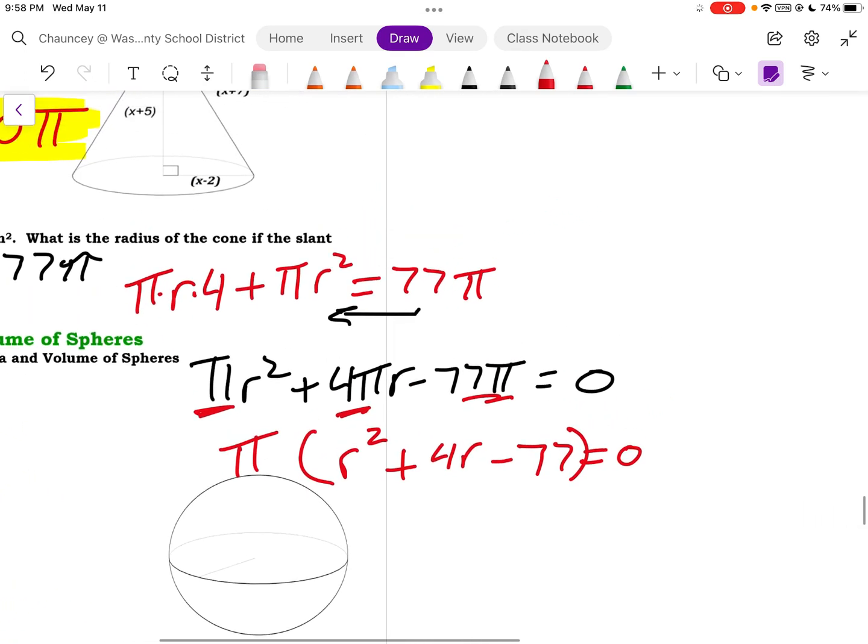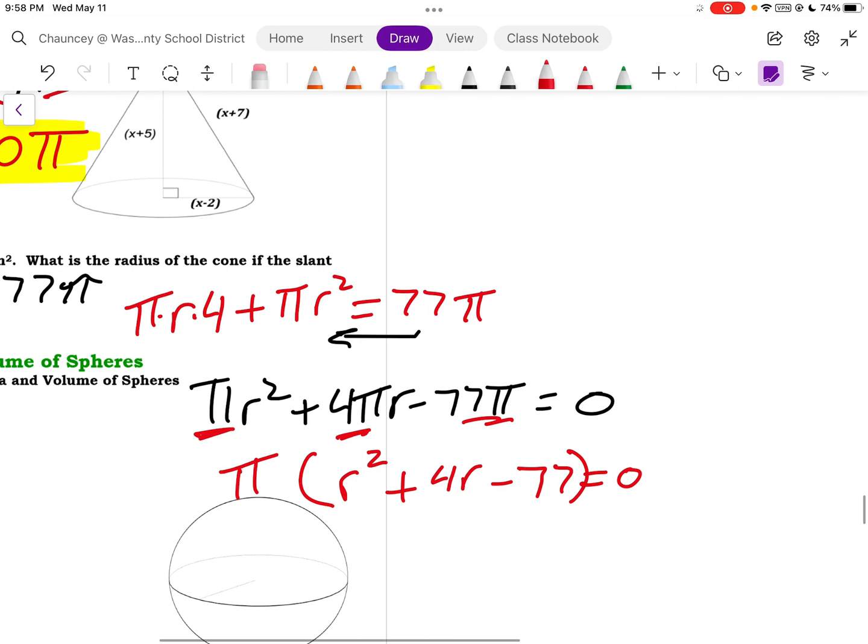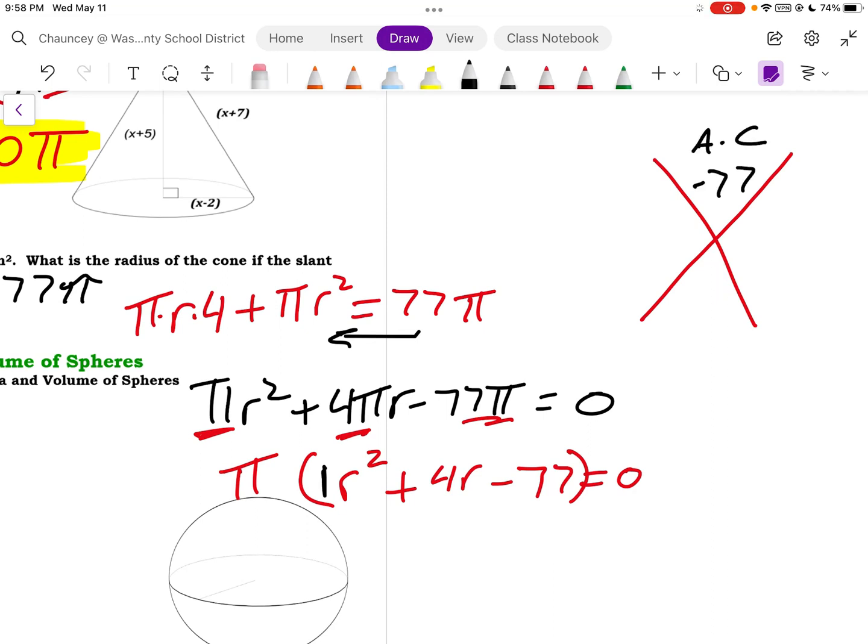So remember factoring. And again, I'm running out of space here, so I'm writing all over the place. But if you make your x method and you say, okay, a times c. Well, a is 1. C is negative 77. So a times c gives you negative 77. Your b is 4. Well, what two numbers can you come up with that multiply to negative 77 but add to 4?